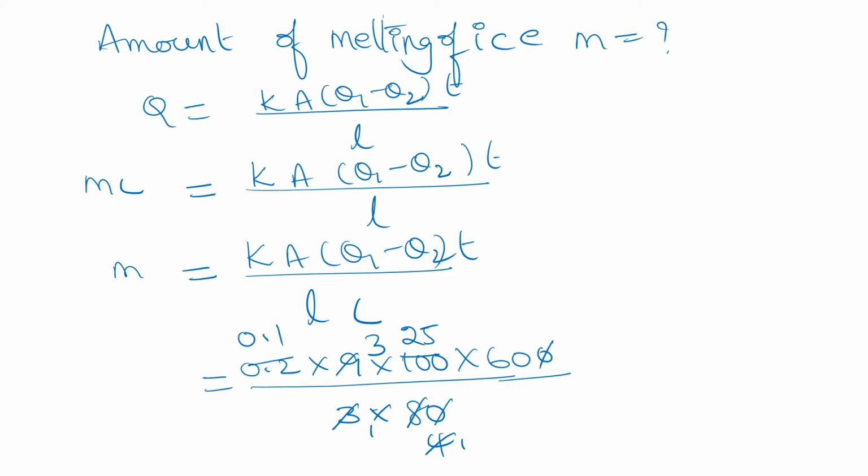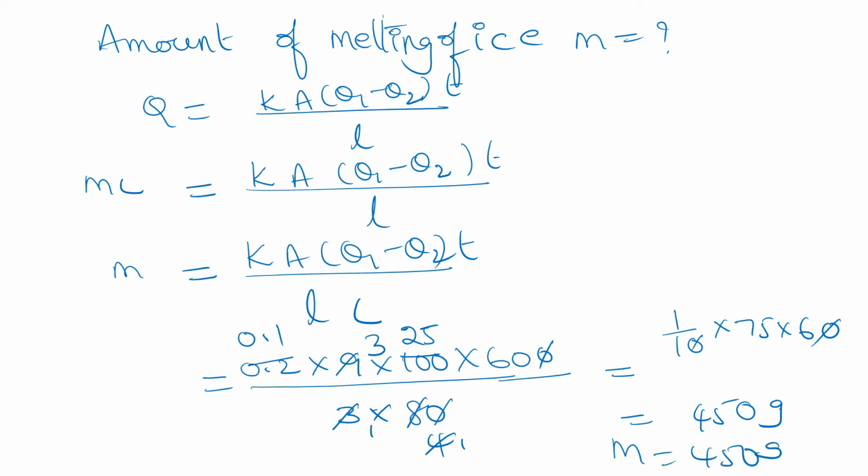And here 25 threes are 75, here 0.1 is nothing but 1 by 10, 75 into 60, 0 gets cancelled. 75 into 6, 6 5s are 30, 6 7s are 42, 450 grams. So M is equal to 450 grams.